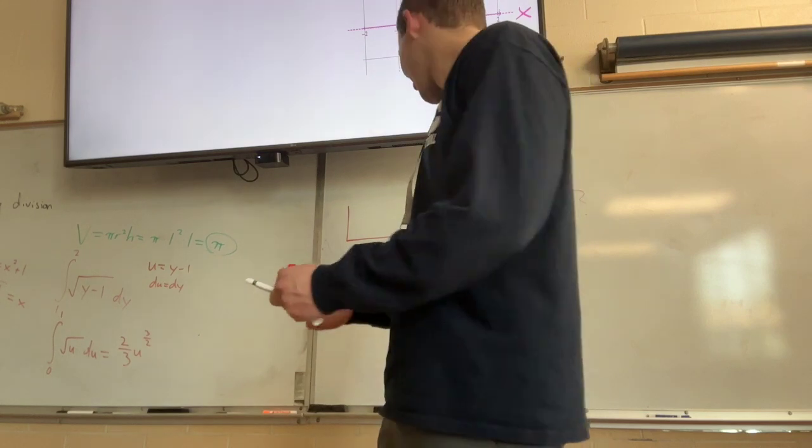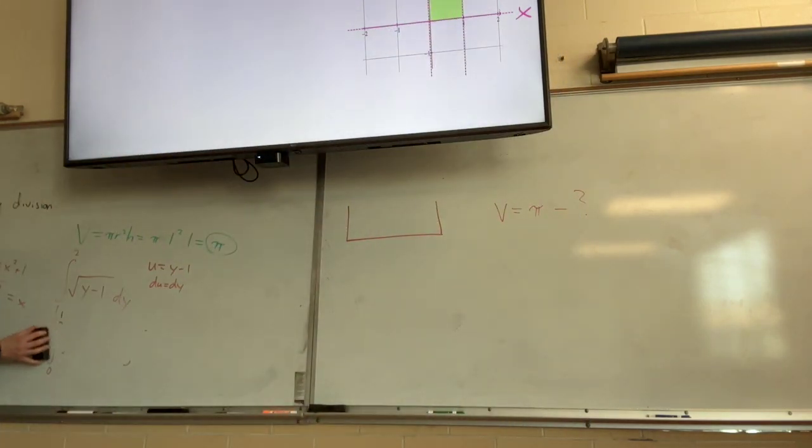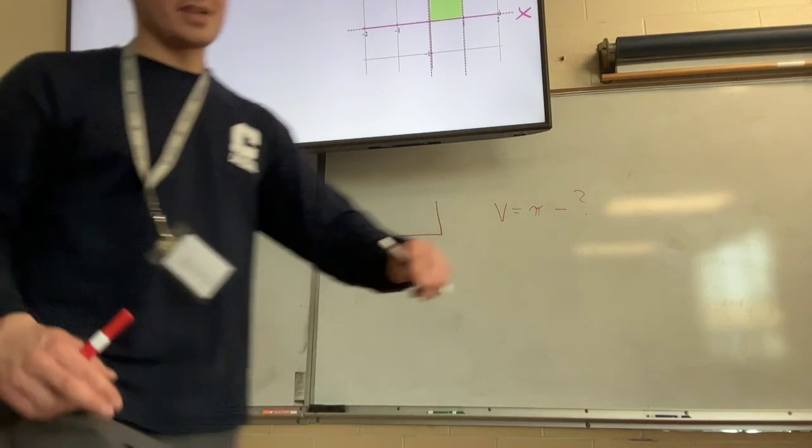Sorry. What I gotta do, that's going to be the radius. This is going to be my radius. So I need to integrate pi r squared. So it needs to be pi times y minus 1. Sorry. You guys see the mistake I made? Dang it. Oh, it's going so well too. So crisp. The function is going to be our radius. Radius of each circle.